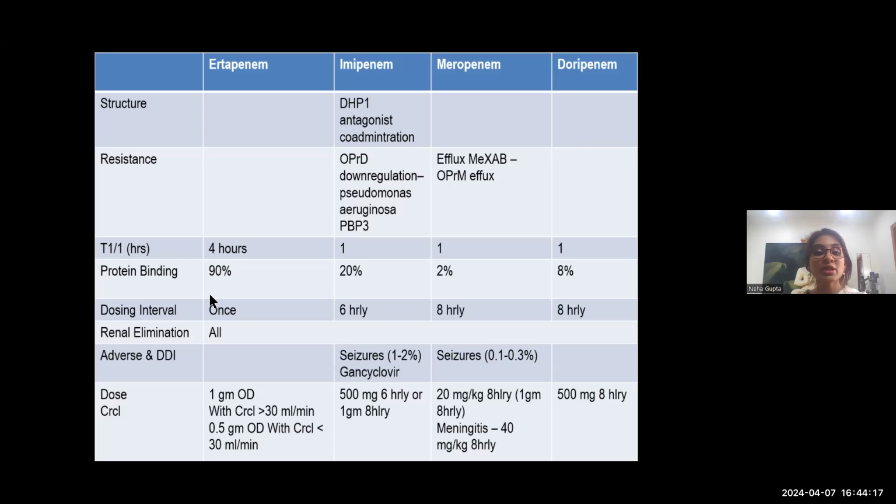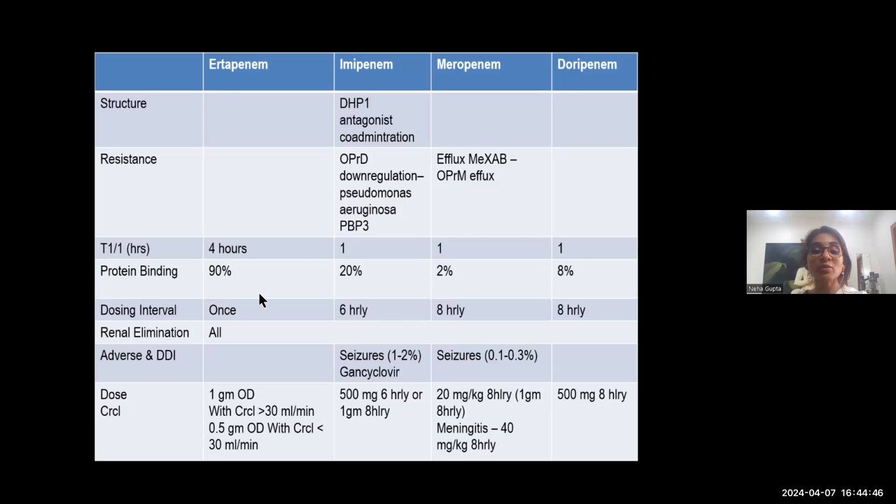So the clinical implication is that in patients with severe sepsis or in critically ill patients with augmented renal clearance, the chances of ertapenem suboptimal concentration are more. Hence, it should not be used during the acute phase. Later on it can be used for de-escalation. And because of the high protein binding and long half-life, it is a once daily administration.